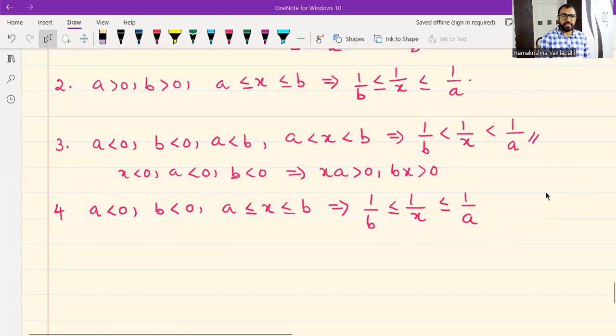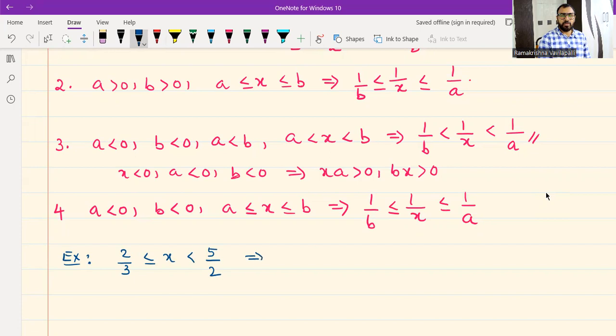Let us take a few examples. Suppose 2 by 3 less than or equal to X less than 5 by 2.